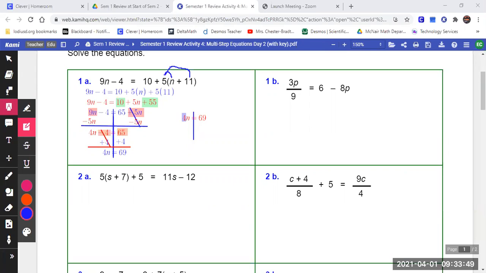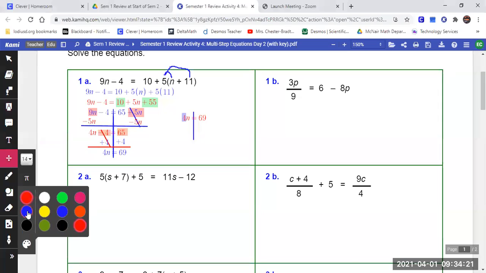So we have to undo a multiply. How do we undo that multiplying times 4? Okay, divide 4 on both sides.